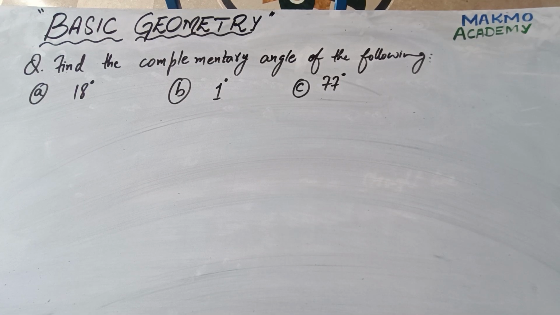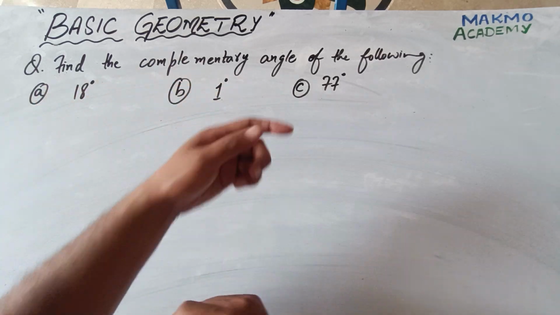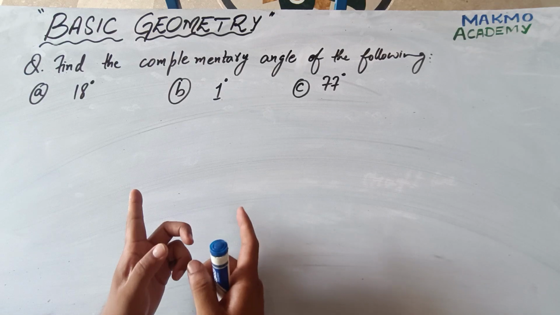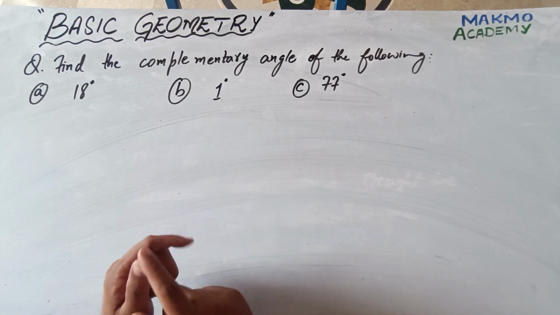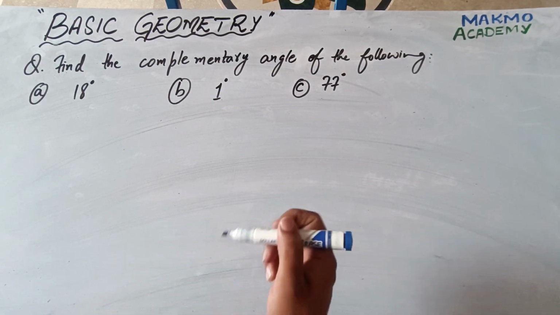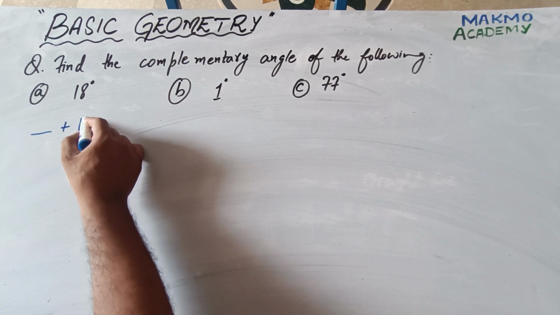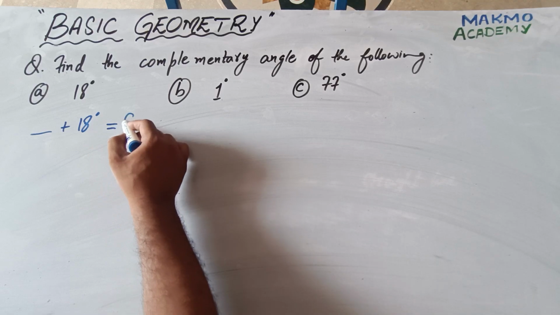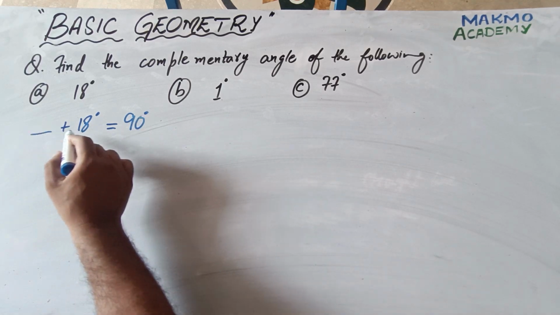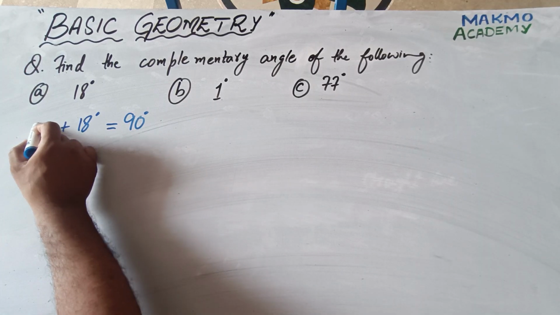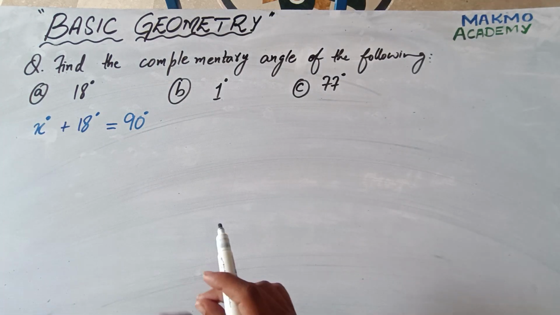Now the question is, find the complementary angle of the following. We have discussed that two angles are complementary if they add up to 90 degrees. So it means that dash plus 18 is equal to 90 degrees. In place of the dash, we will take help from an unknown.